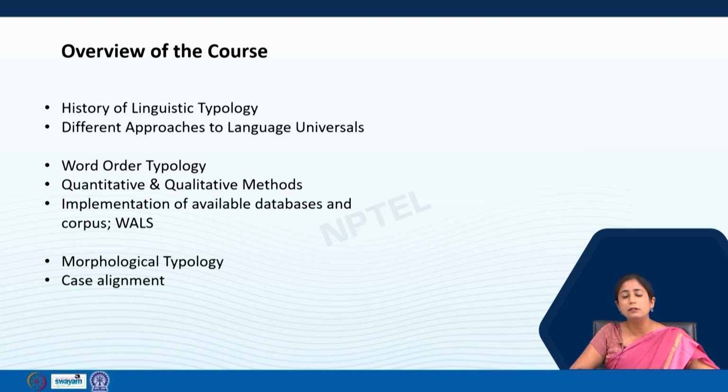It is not the other way round. It is not that we already have the rules and we apply them on the languages. Rather, we explore the languages, we study the languages, and then from there we derive the rules or parameters. We will also talk about various implementations of the available databases and corpora.